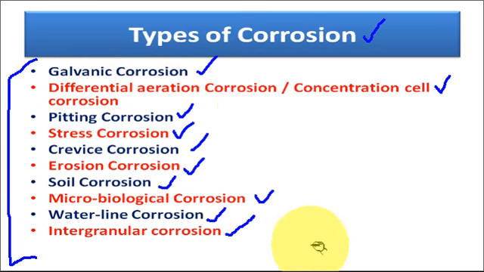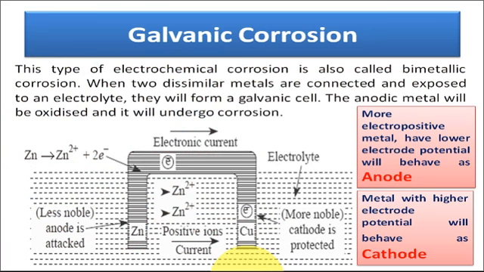So all are types of corrosion. Among all these types, we will focus in today's lecture on these three: galvanic corrosion, differential aeration corrosion and pitting corrosion. So let us begin with galvanic corrosion.